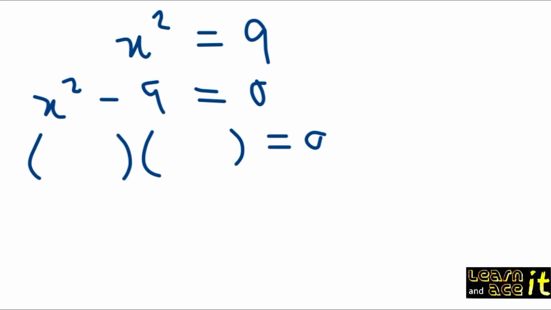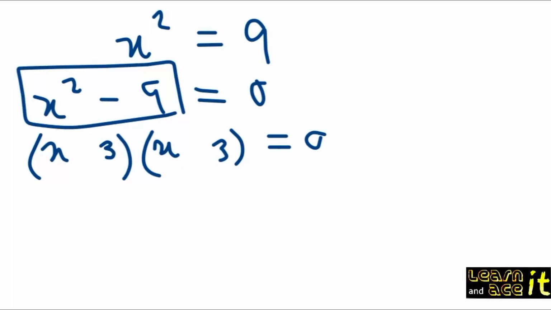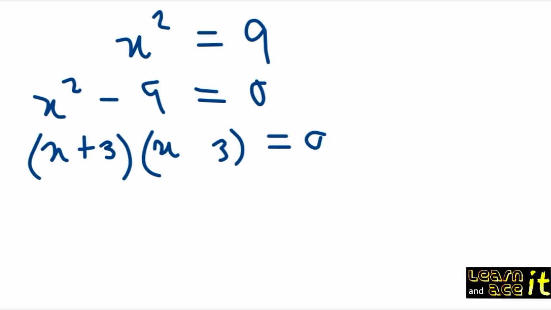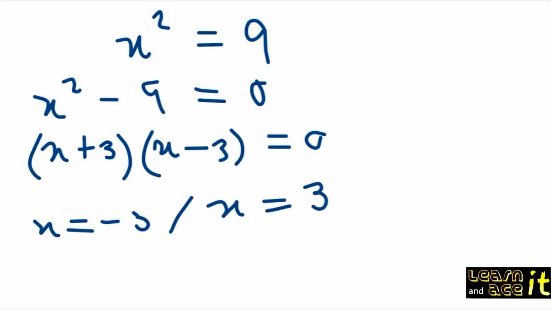So the factors of x squared is actually x and x, and then the factors of 9 is 3 and 3. And then now that we're dealing with the difference of 2 squares, the signs are going to be different. And then the solution for this problem will be x equal to negative 3, or x equal to positive 3 there. So that's the reason why we actually landed up with two solutions for this problem.